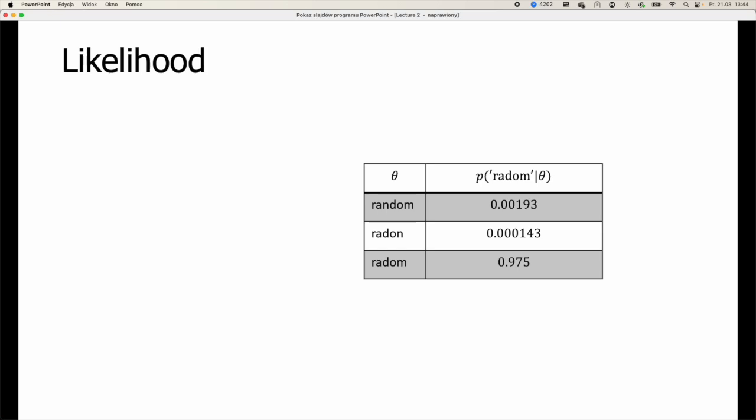Then, using the same computation, they computed the probability that we wanted to write radom, depending on what we wanted to write. So there are certain metrics used for spell checking, which generally work only in English, and they are based on the keyboard distance. That's how an automatic spell checker works, that's how autocorrect works.